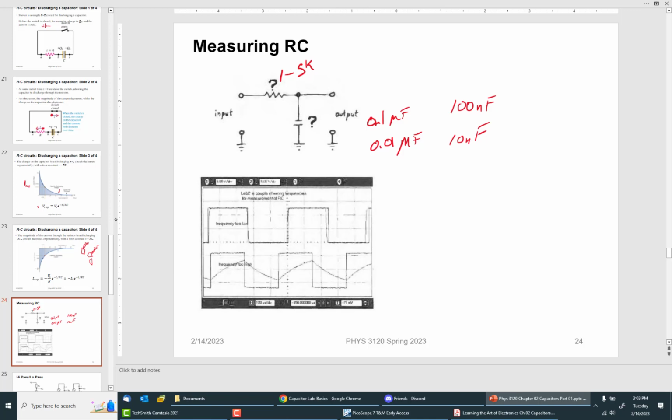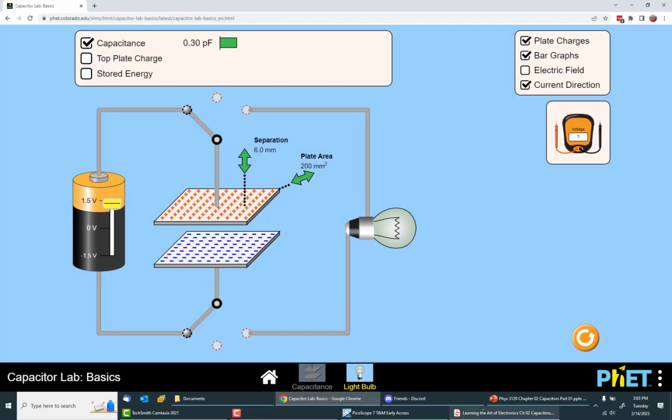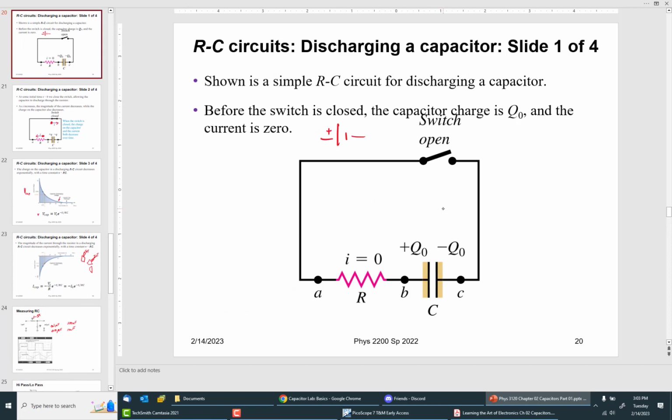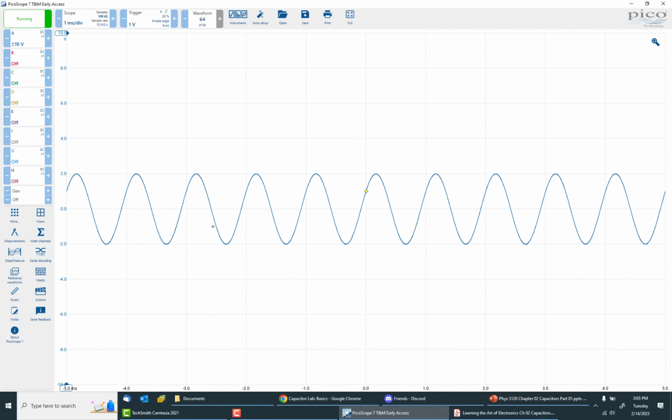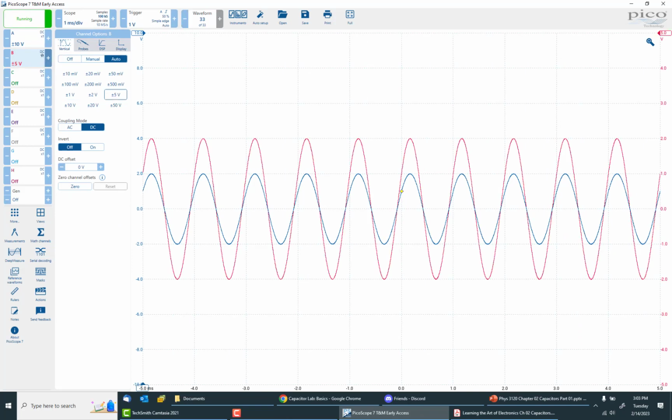You can calculate the time constant. So let's take a look at what this would look like. Notice that the square wave takes the place of this switch. Okay, so let's turn them on. We'll set them at auto for the time being.